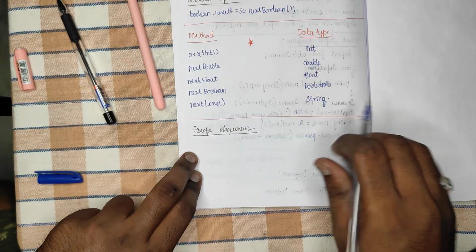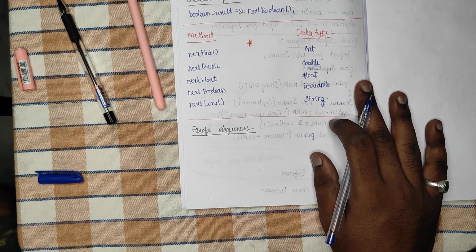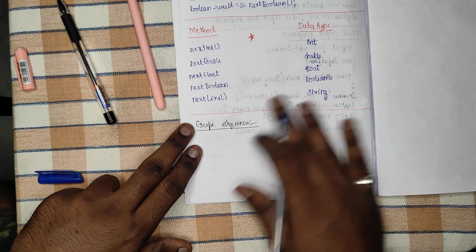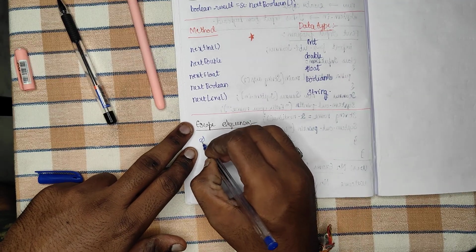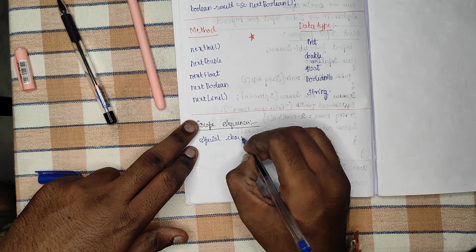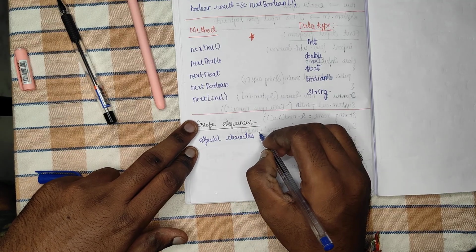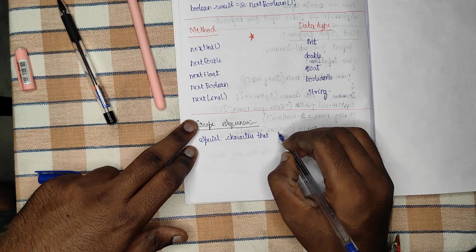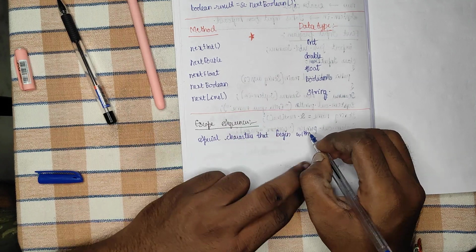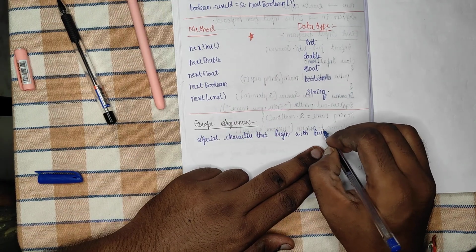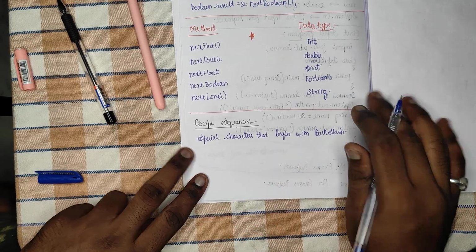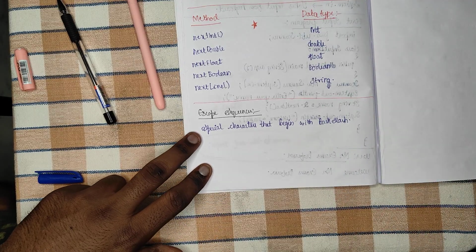So escape sequences are nothing but special characters that begin with a backslash. So you can get it out why it is needed.